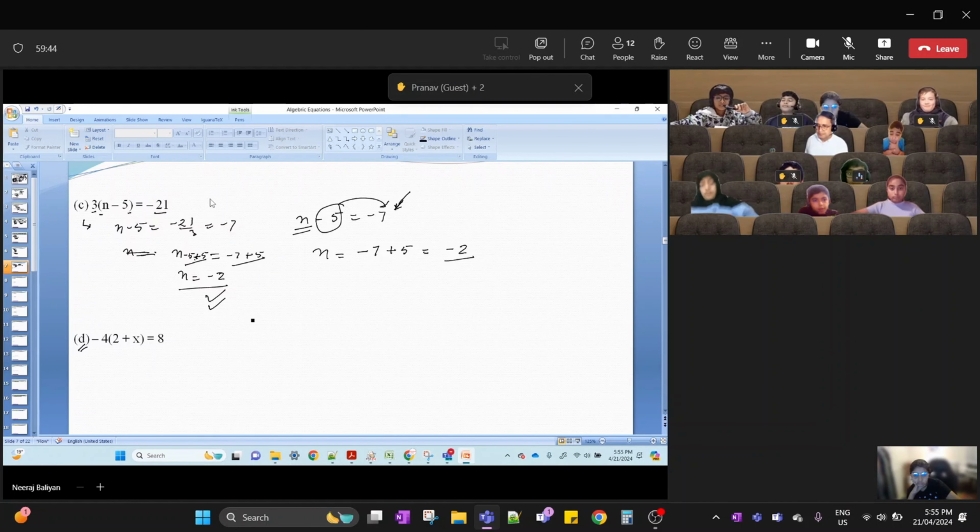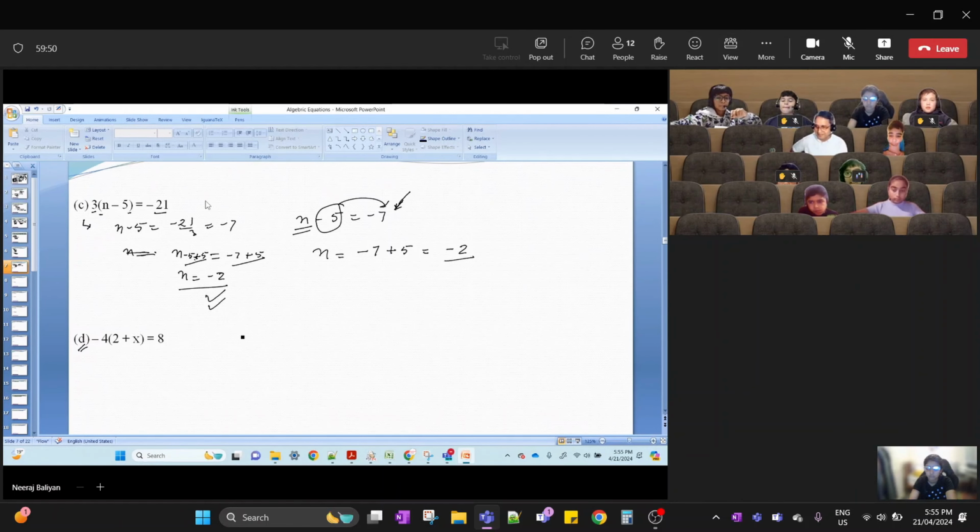Okay, so while you and Cliff were solving number C, I solved number D, and surprisingly, I got a weird answer. So the first thing I did is I had to multiply each of the terms inside to get minus 4x minus 8, which would be minus 4x minus 8 is equal to 8, right?